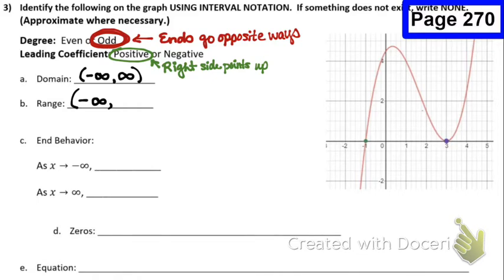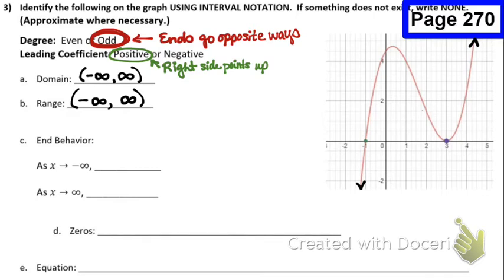What's the highest this graph ever goes? Infinity, because it keeps going up, right? They didn't draw the arrows on here, but it just runs right off my graph. Sometimes you'll see the arrows, sometimes you won't. If it goes all the way to the edge of the graph and there's not like a point stopping it, we assume it goes on forever.